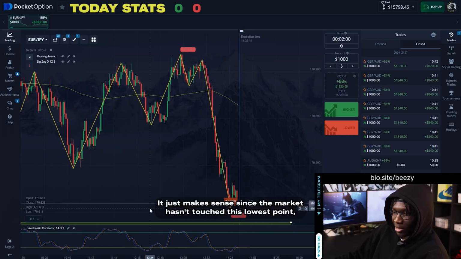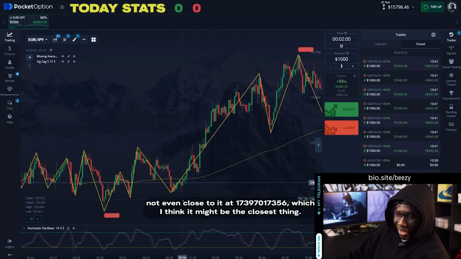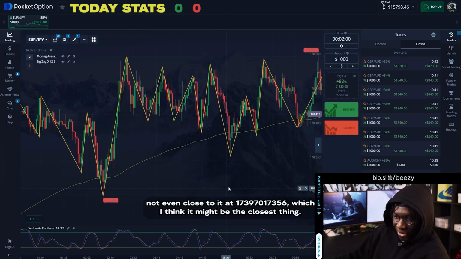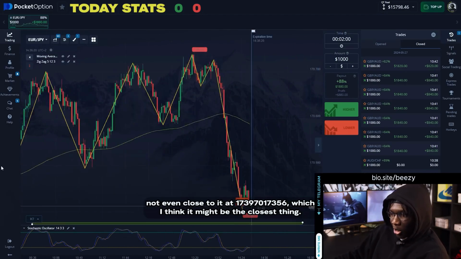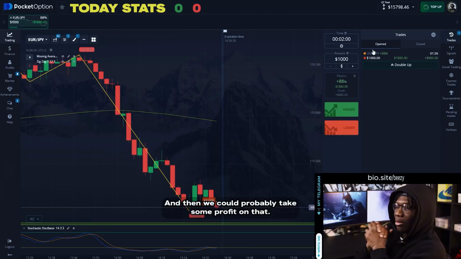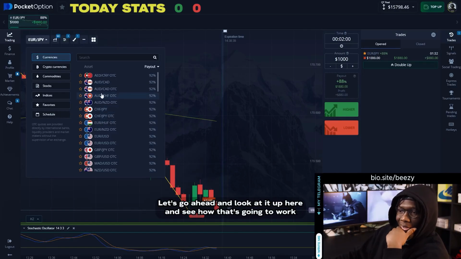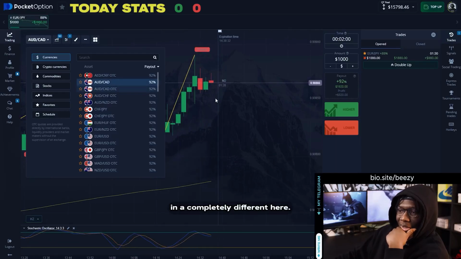It just makes sense that since the market hasn't touched the lowest point, not even close to it at 173.97 or 173.56, which I think might be the closest thing. So we're just gonna leave that market there, enter into a put, and then we could probably take some profit on that.